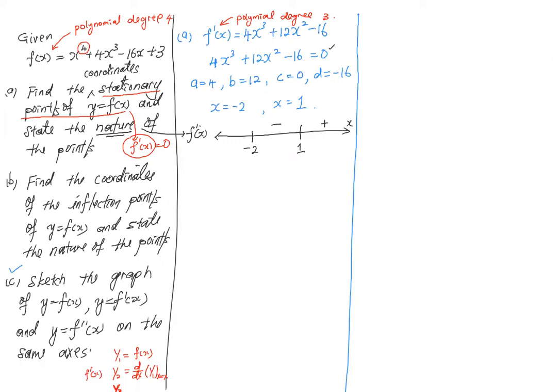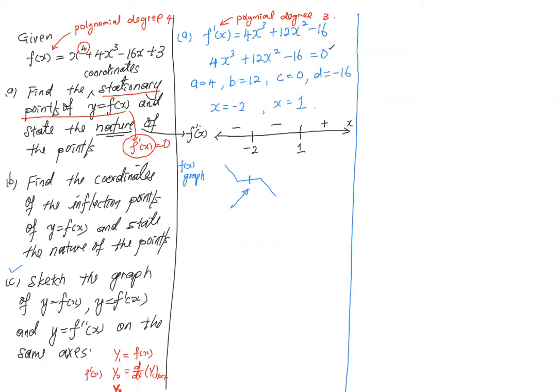So this is my sign diagram for f'(x). Which means that my f(x) graph goes down, stops, goes down. Am I right? So this point, what is the name we give?